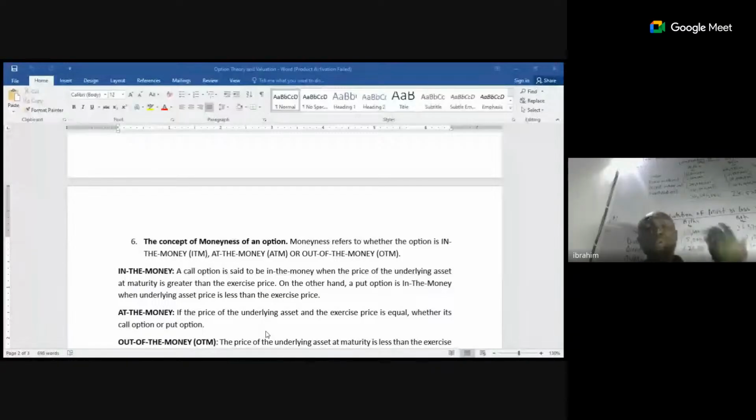We will illustrate this under the payoff table class. An investor is in the money, or a call option is in the money, where the underlying asset, which is maybe stock, at maturity is greater than the exercise price.